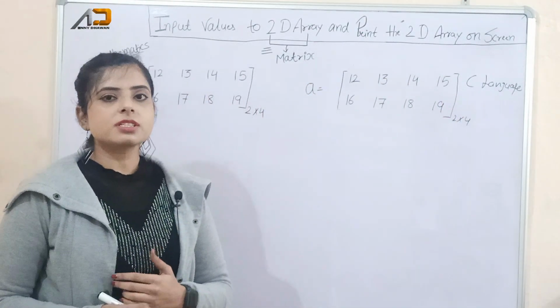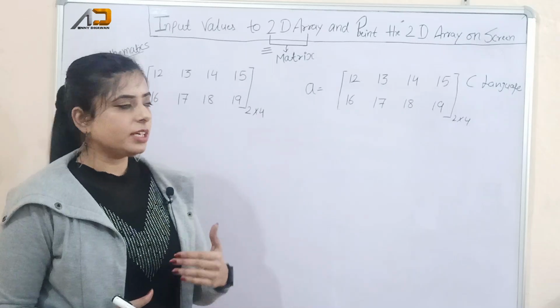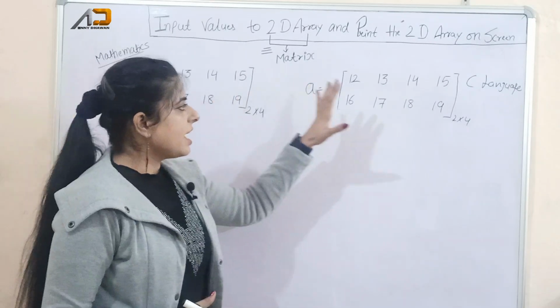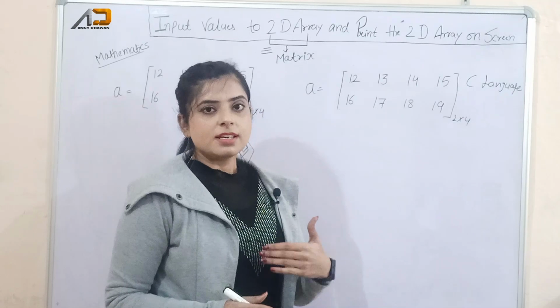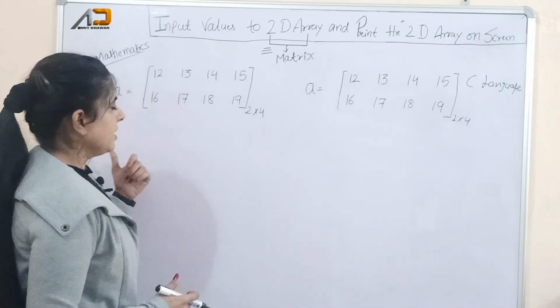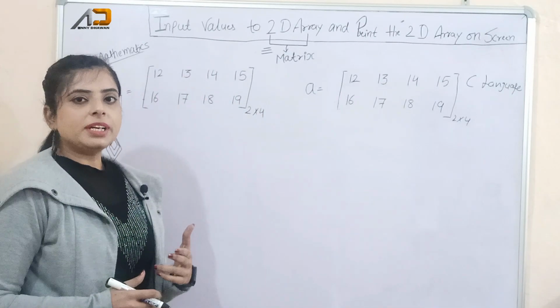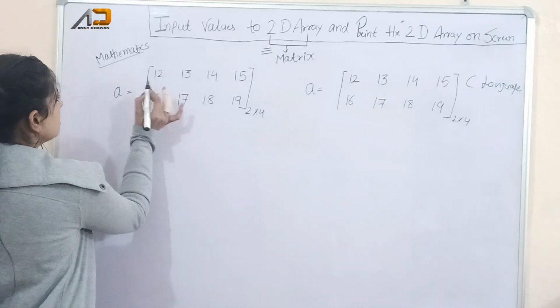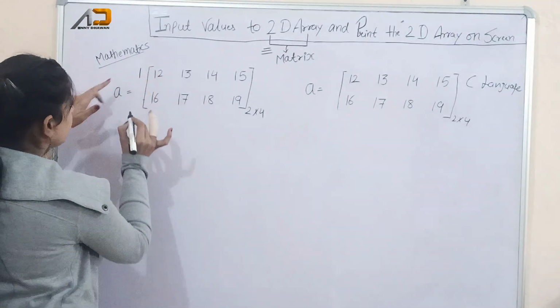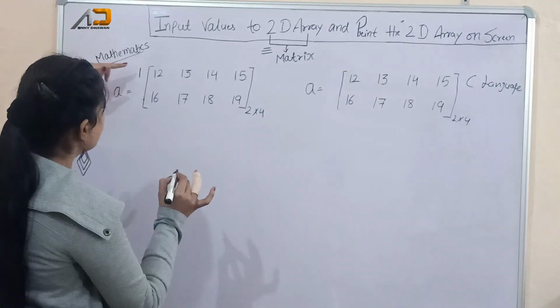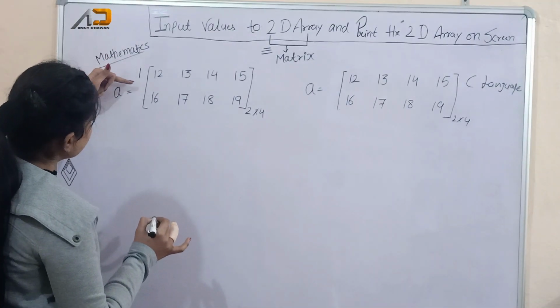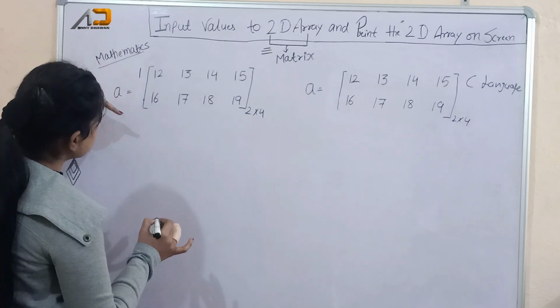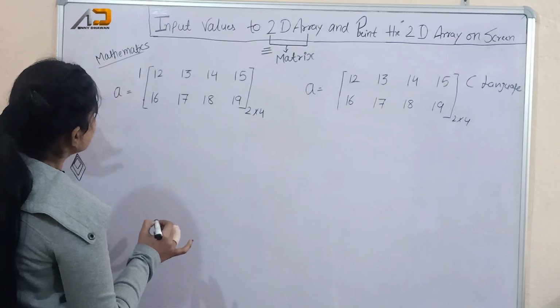Now I am going to describe the basic difference between the mathematics matrix and the C language matrix. In mathematics, the row index and column index always start from 1. So the row index is 1 here, and it increases by 1 for each successive row in sequence.